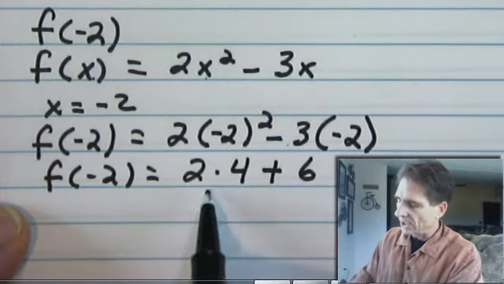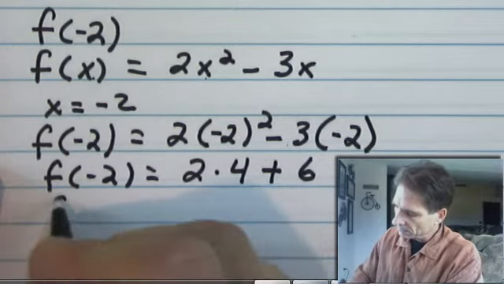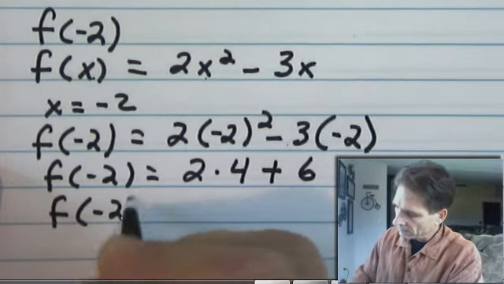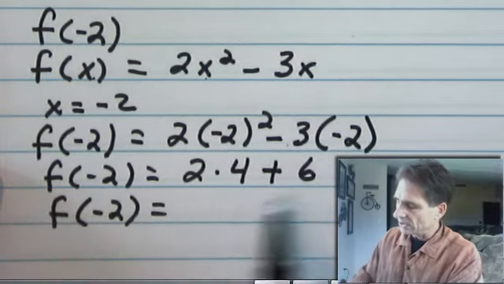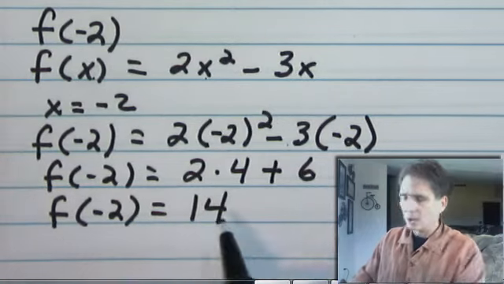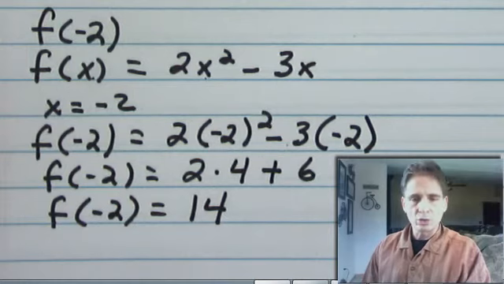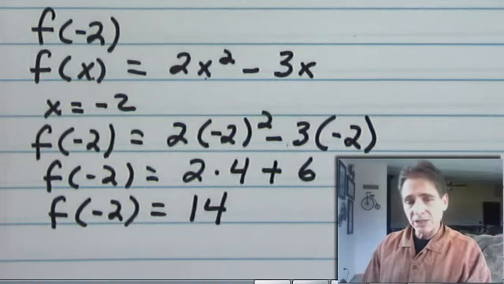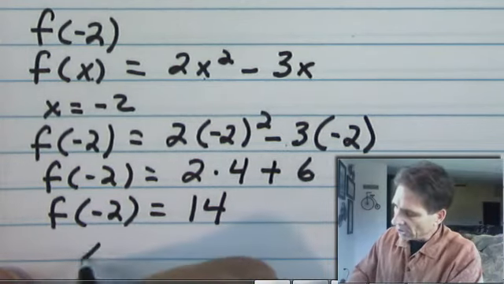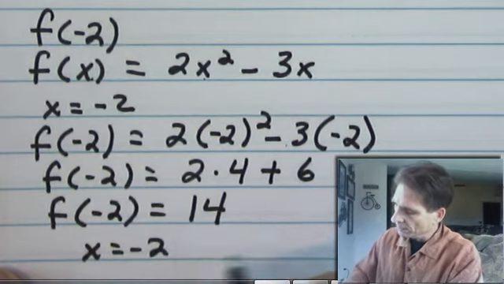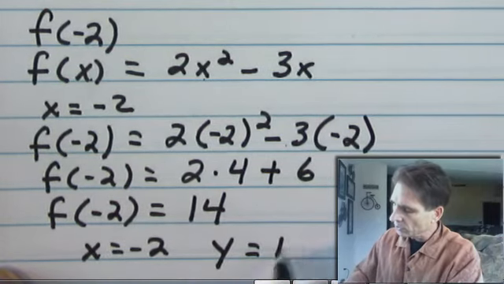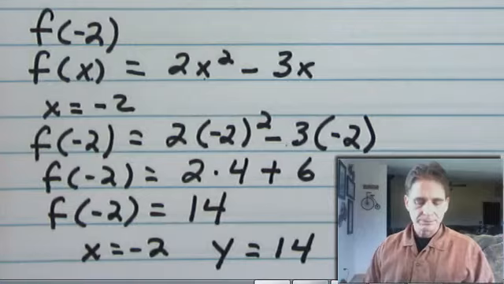So then you would have 8 plus 6. And 8 plus 6 is 14. So f of negative 2 is equal to 14. Again, the meaning of that is that when x is equal to negative 2, y equals 14.